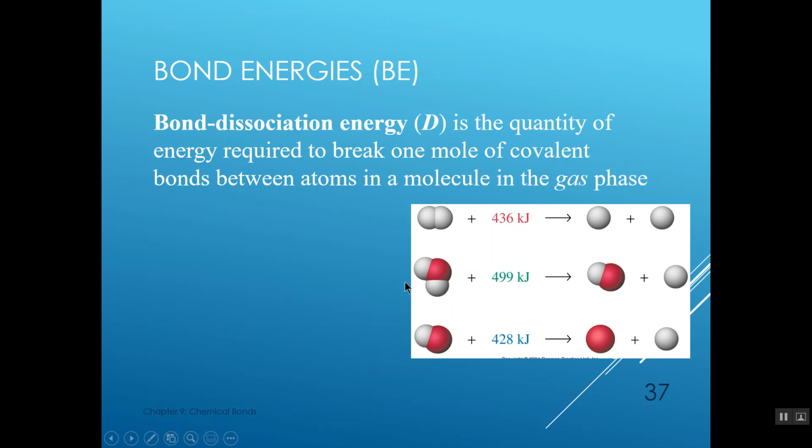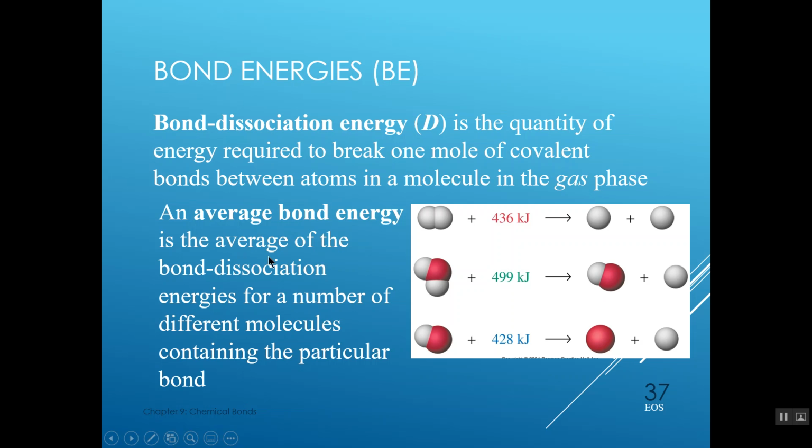Now, in the case of water, there are two oxygen to hydrogen bonds to be concerned with. To break one of them, this is the amount of energy required, and to break the other one, this is the amount of energy required. So even within the same molecule, for the same type of bond, breaking one will require a different amount of energy compared to breaking the next one. However, the bond energies provided in the table that I showed you before are called the average bond energies.